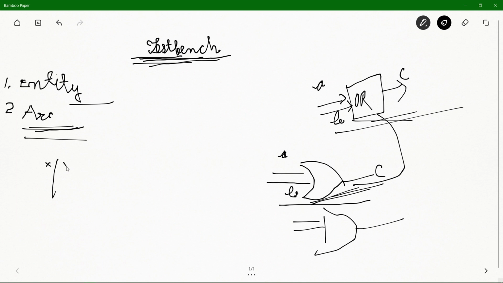Let's suppose I'm naming the two inputs X and Y, and I'm naming the output C. What are the possible inputs that I could give to this block so that it will satisfy my truth table for that particular gate? Let's suppose I am making an OR gate, right?